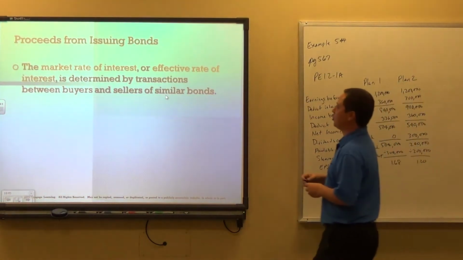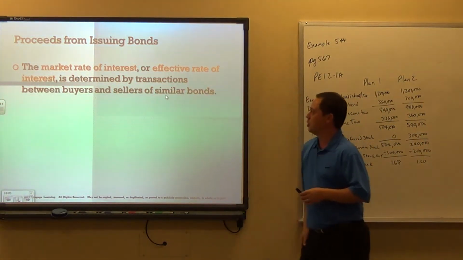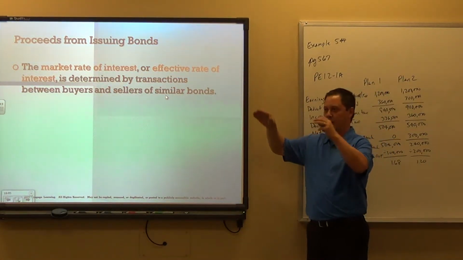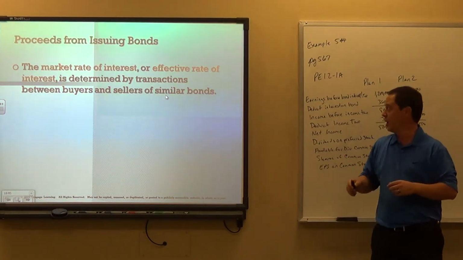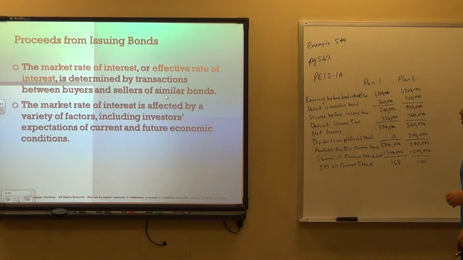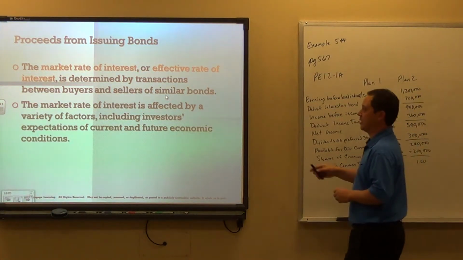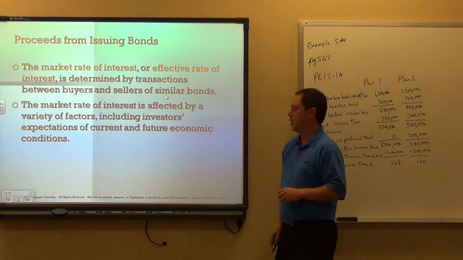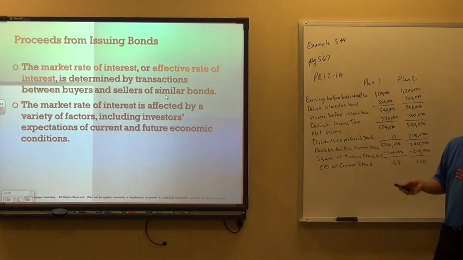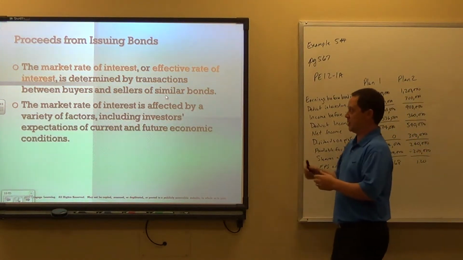So the market rate of interest, or the effective rate of interest, is determined by transactions between buyers and sellers of similar bonds. It is affected by a variety of factors, including investors' expectations of current and future economic conditions. A lot of it depends on supply and demand.